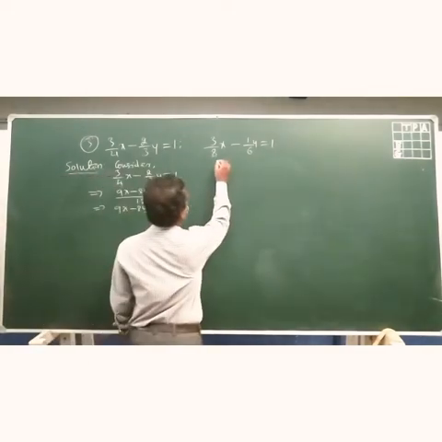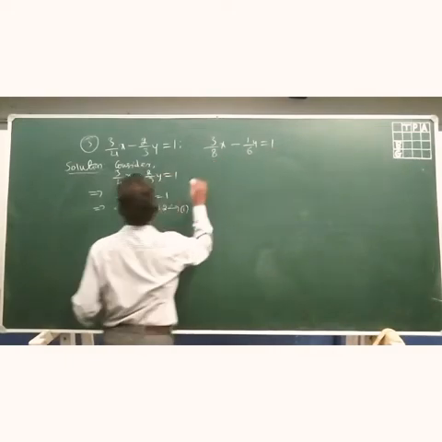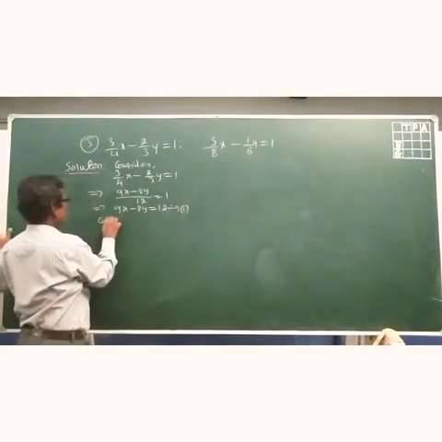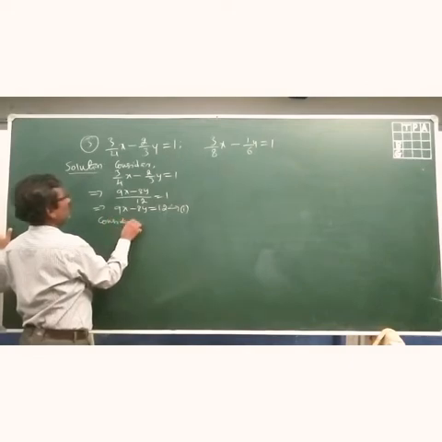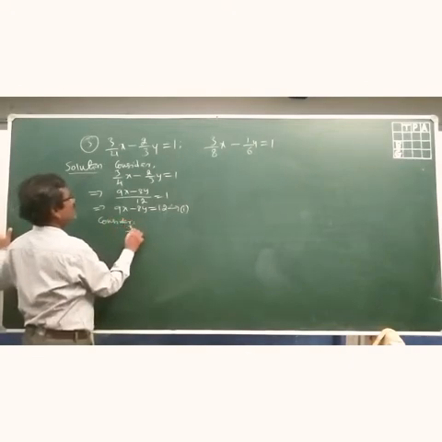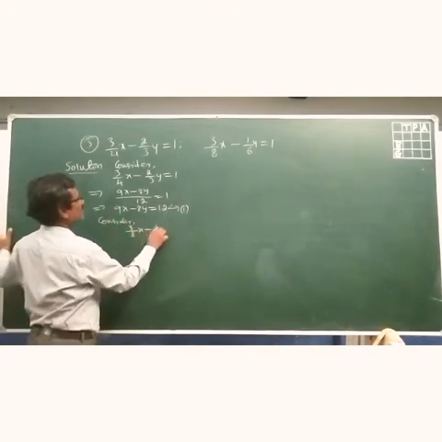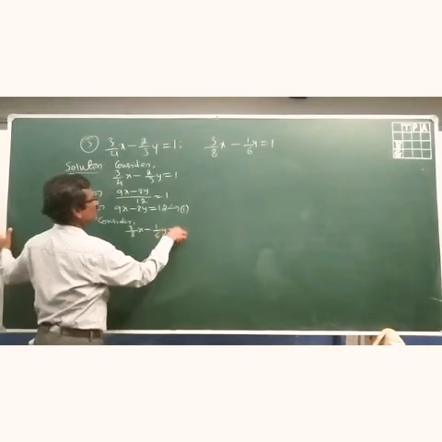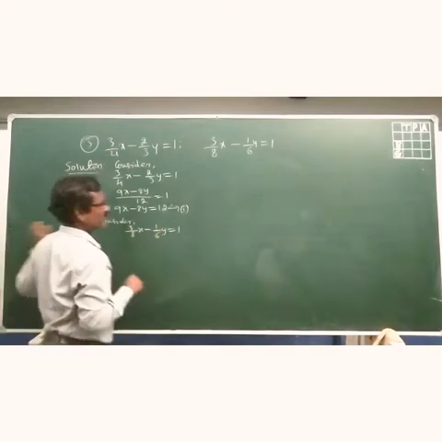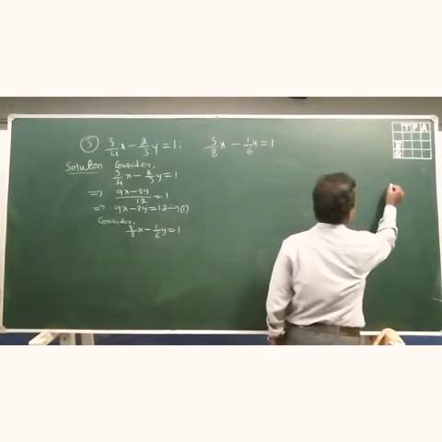Now consider the second equation, 3 by 8x minus 1 by 6y is equal to 1. Here you can take the LCM of 8 and 6, or cross multiplication.